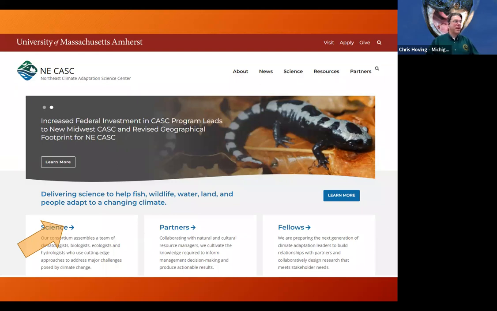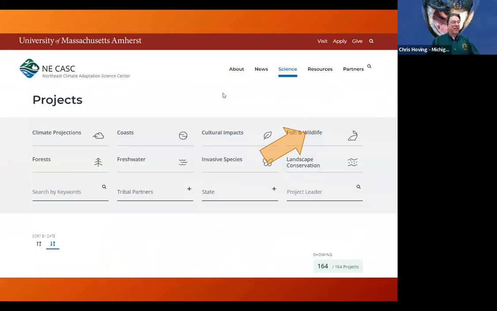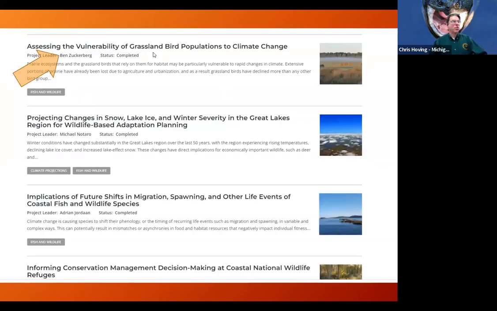So for the Northeast Climate Adaptation Science Center, you click on science, it'll give you 164 projects. And then for our work, you narrow it down to fish and wildlife, and boom, there's Ben Zuckerberg and his work on grassland birds. The graphs that I had on snowfall actually came out of this second project here.